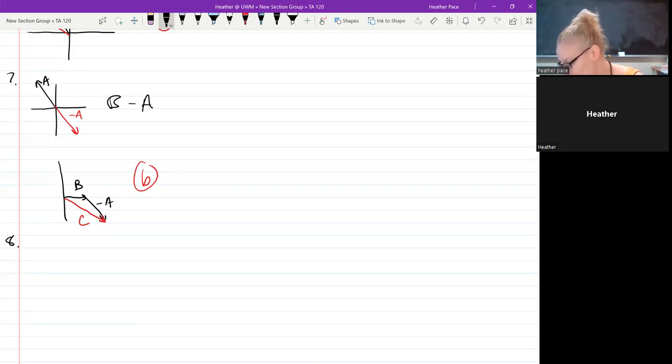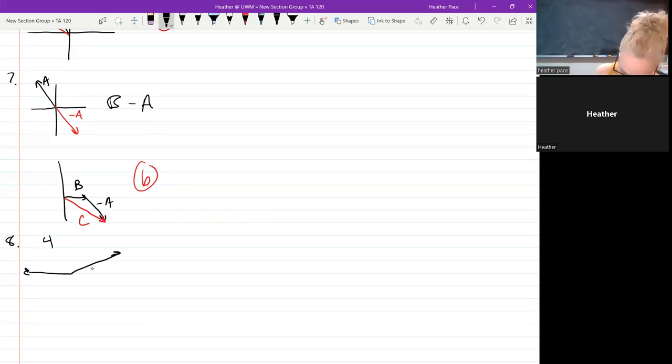Number 4, if we were to take the angle between A and B, we are not going to get the angle that they've drawn. So if I were to draw it quick, the angle between A and B, even though there's a vector in between here, that's going to be this.